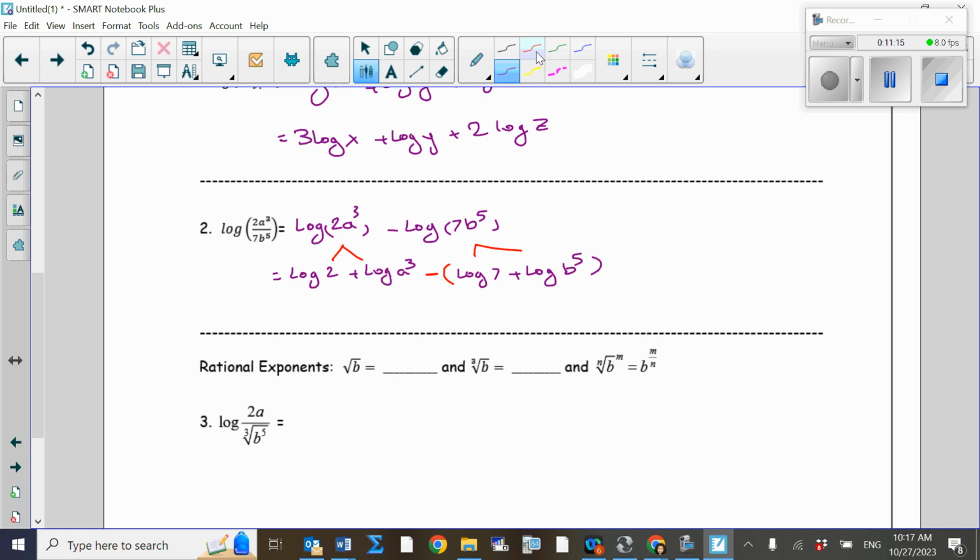Now, I can expand this one more step because I have powers here. I'm going to move them to the front of the log. So log of 2 plus 3 log of a. So we're going to move the 3 to the front of the log.